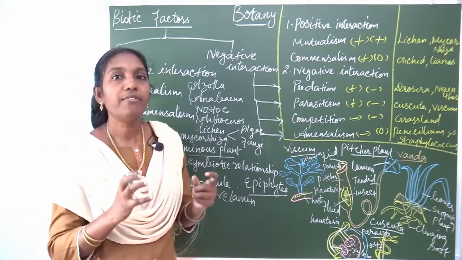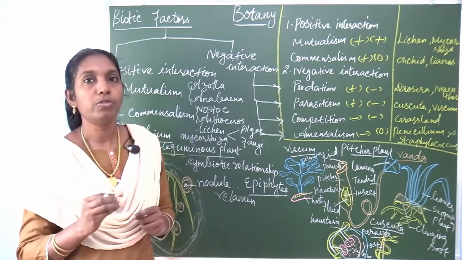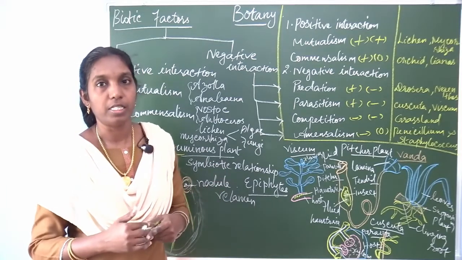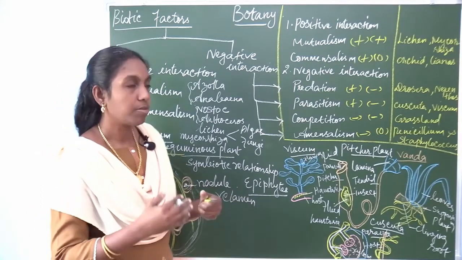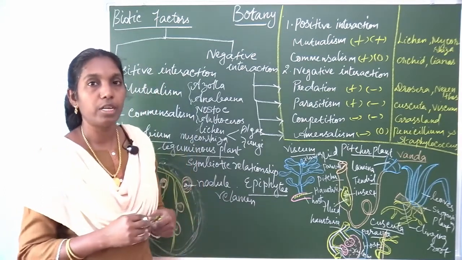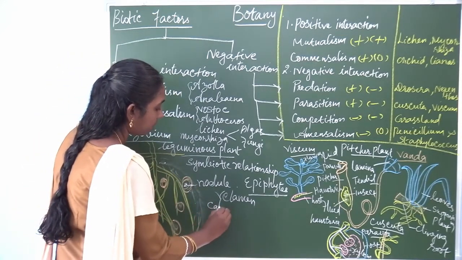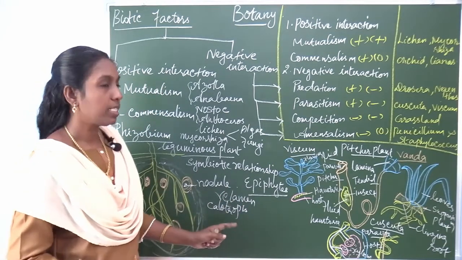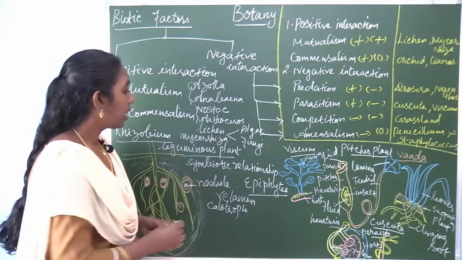There are some defense mechanisms in plants. Certain plants produce thorns and spines to escape from grazing animals. Most of the herbivores graze, and so some defense mechanisms are found in certain plants. There are a few examples. Calotropis: it secretes a substance, cardiac glycoside.